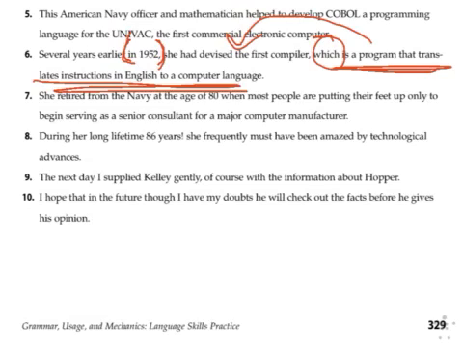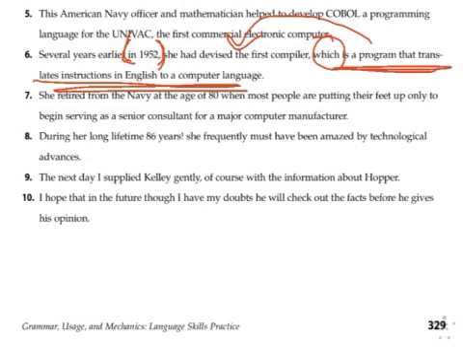Okay. For number 7, she retired from the Navy at the age of 80 when most people are putting their feet up, only to begin serving as a senior consultant for a major computer manufacturer. So in this sentence, they're saying she retired from the Navy at age 80, and then we have this other little idea here, when most people are putting their feet up. It's kind of like an interjection into that sentence.